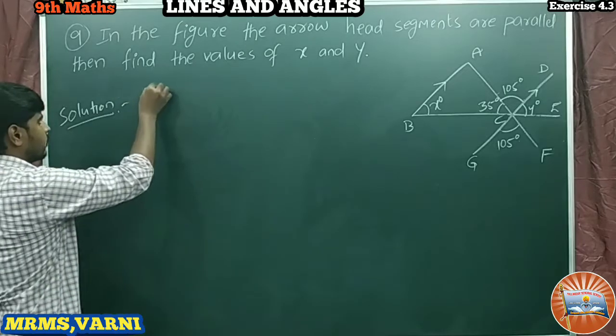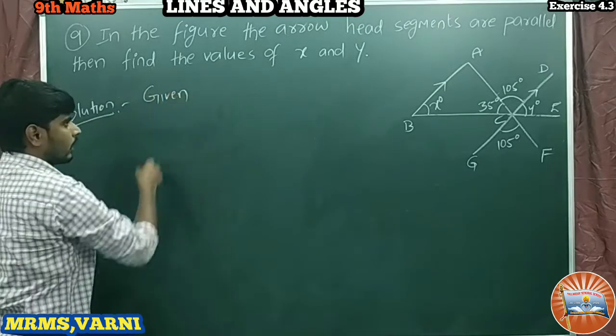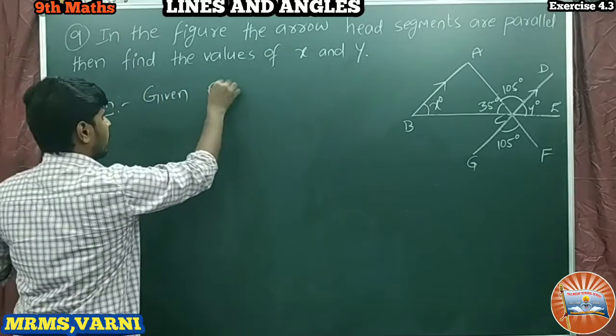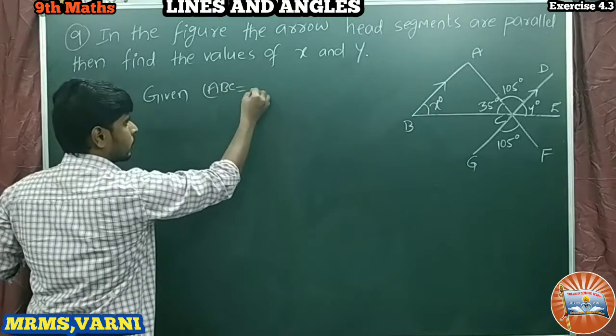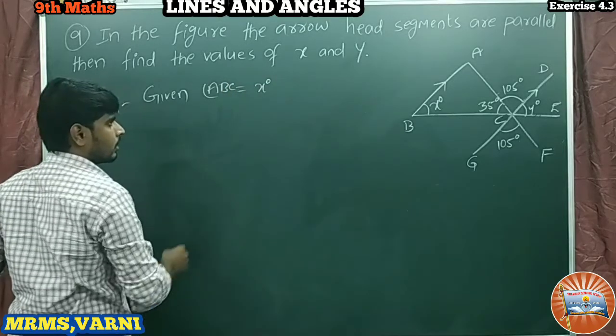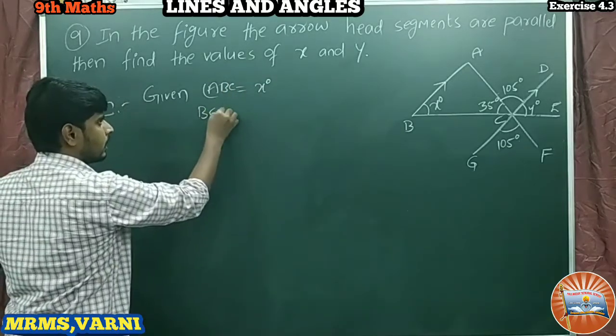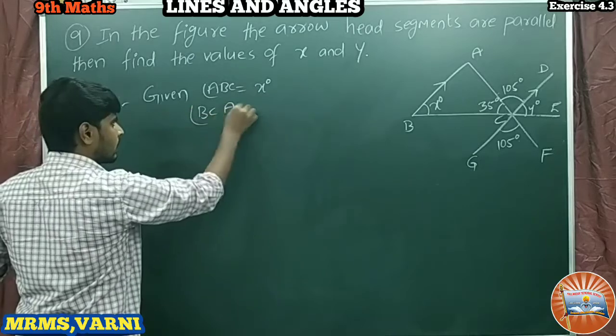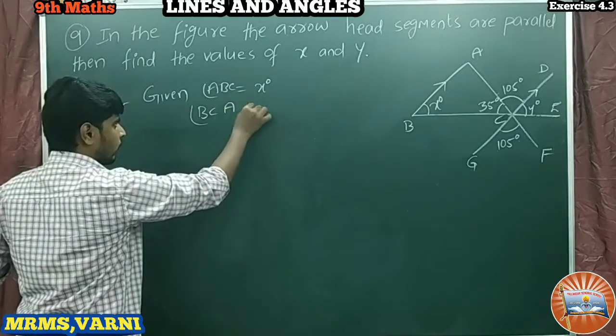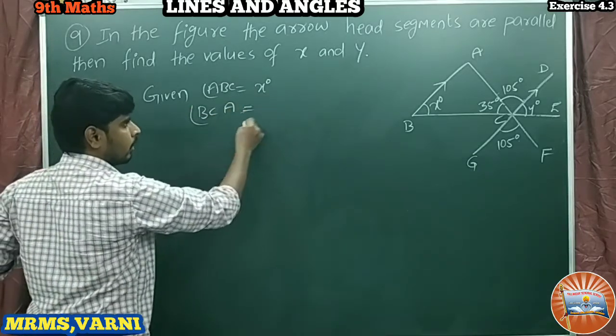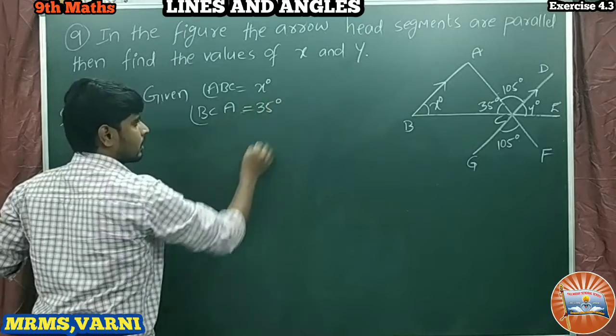So let us write first what is given. Given angle ABC is equals to x degrees, and angle BCA or ACB, both ways we can write, BCA given 35 degrees.